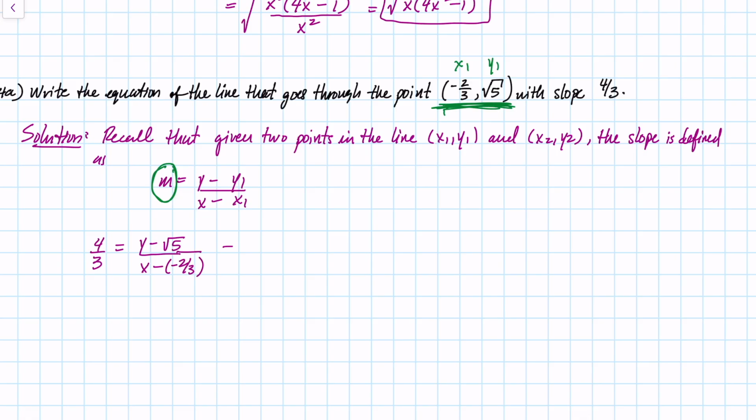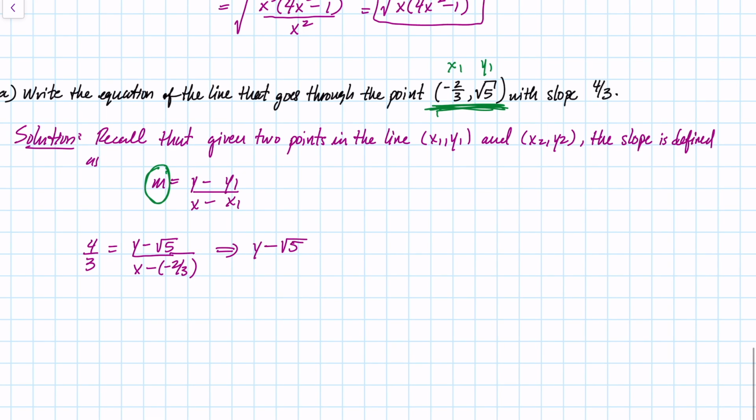Okay, and I'm going to multiply by x minus negative 2/3 on both sides. So if I do that, I end up with y minus square root of 5 equal to 4/3 times x, and negative times negative is positive, so I'm just going to switch to plus 2/3.